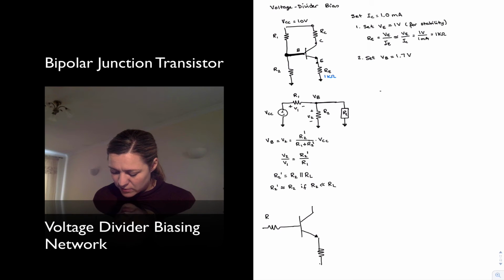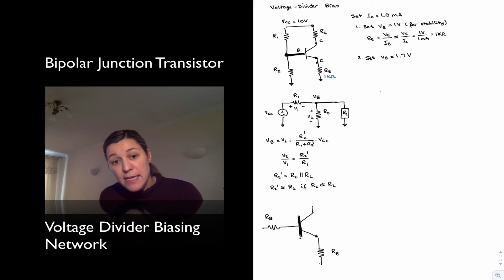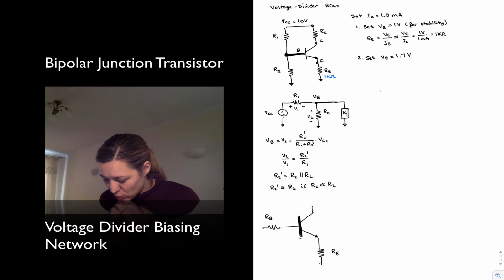So let's imagine I have a transistor, and this is my base resistor or overall resistance connected to the base, and this is the overall resistance connected to my emitter. When I am looking from my base towards the emitter, I'm looking into the base of the transistor. This base of the transistor acts as a lens that amplifies whatever resistance is connected to the emitter by a factor of beta.